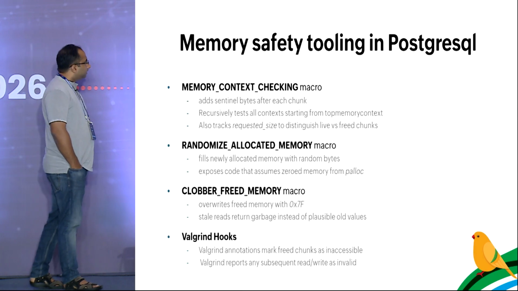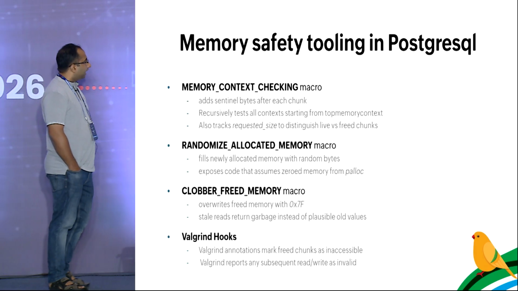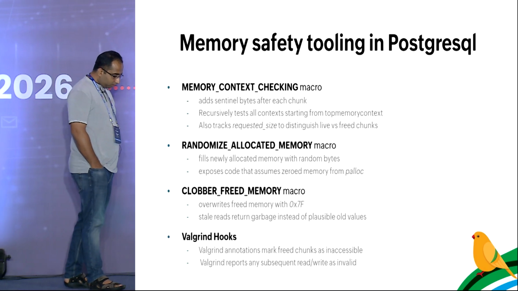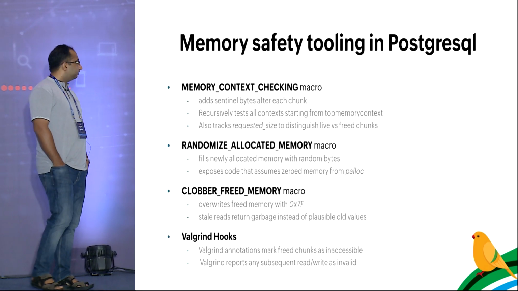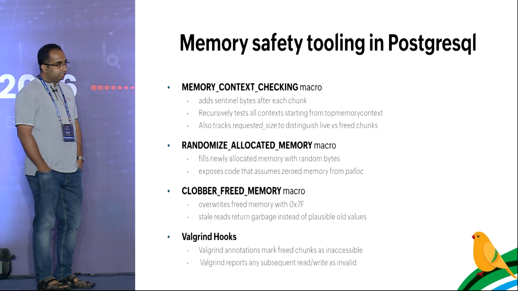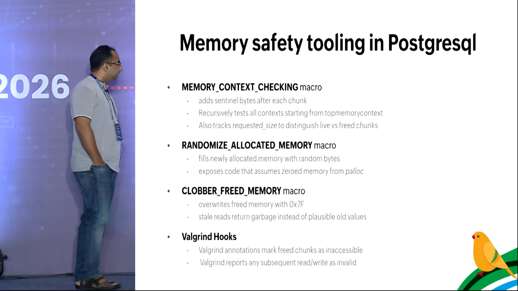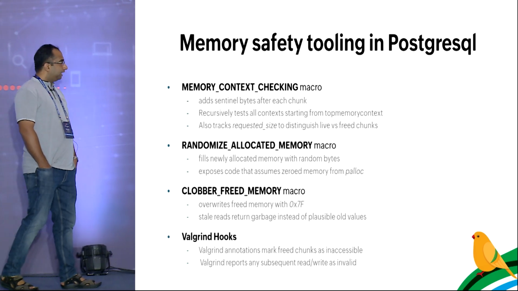What this macro basically does is put a sentinel bit after each chunk, and it will also hold your request size along with the chunk, so that during a memory context check happening after a transaction, it can figure out if there is some corruption happening.